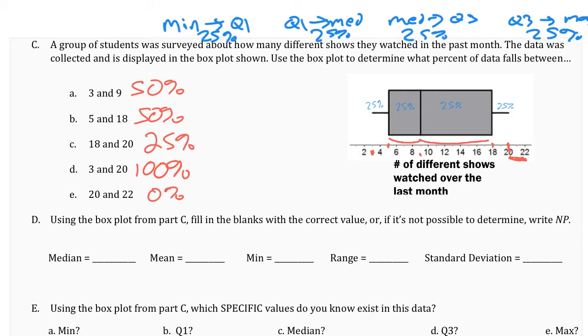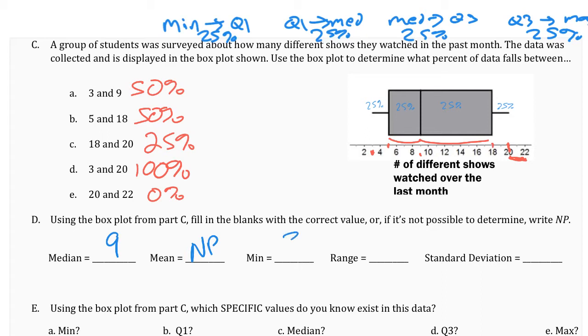In the second section here, part D, we have, using the box plot from part C, fill in the blanks with the correct value, or if it's not possible to determine, write not possible, or NP. So the median. Well, a box and whisker plot does show us the median. It's that middle bar of the box, so the median is 9. The mean. A box and whisker plot does not show us the mean, so that's not possible. We don't know what the mean is. We could kind of maybe estimate, not really though. The minimum, yes, I can see the minimum.